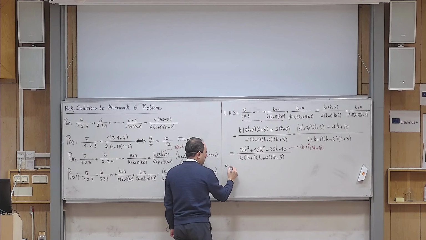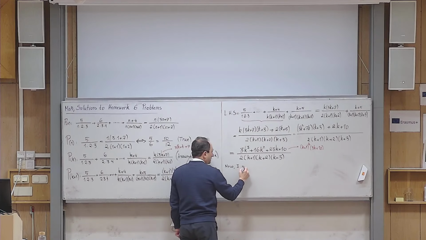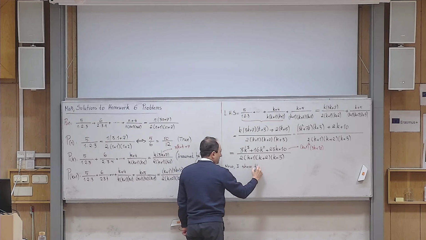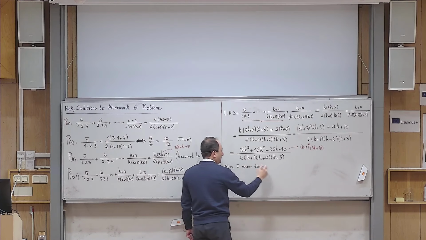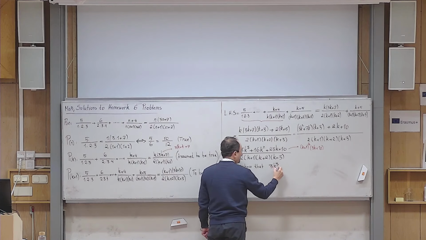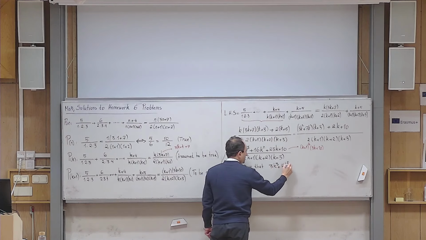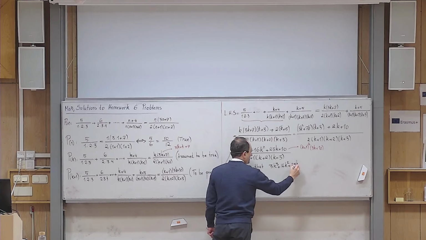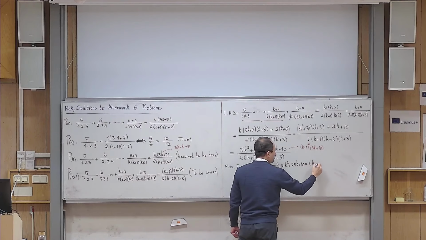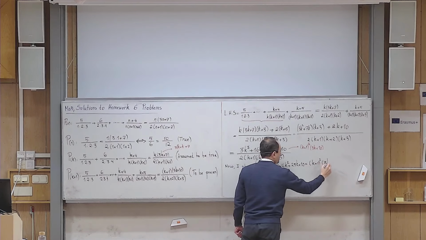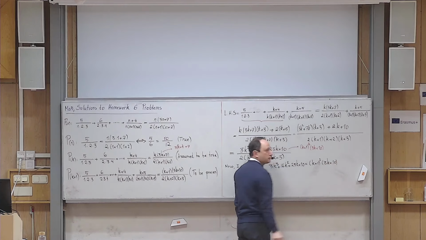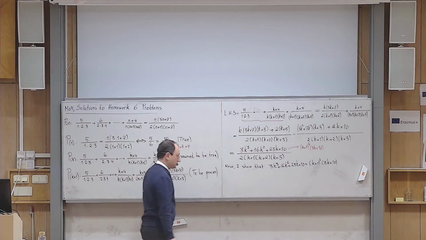Now, I show that 3k cubed plus 16k squared plus 23k plus 10 is equal to that. Not by factorization, of course, as I told you. Of course, if you are good at factorization, do it, that's correct.